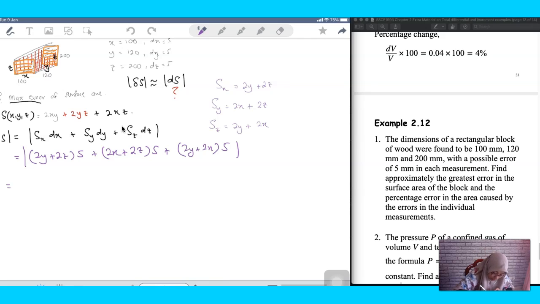Okay, so when you simplify, you can have 10 times y plus z, plus 10 times x plus z, plus 10 times y plus x.